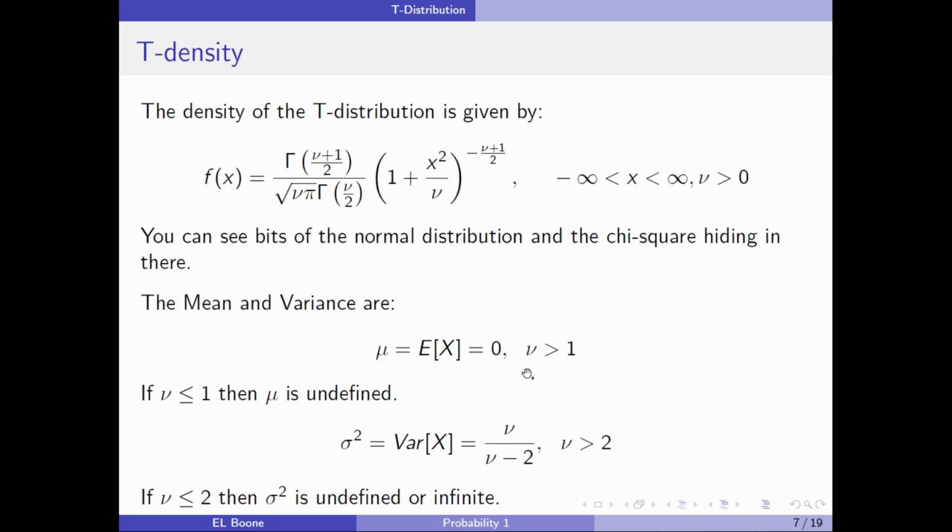The mean is 0 as long as nu is greater than 1. If it's equal to 1 or 0, then it's either infinite or undefined, so we're not going to talk about that. Here the variance is nu over nu minus 2, so nu better be greater than 2 because variances always have to be positive. So it's either undefined or infinite if it doesn't meet that criteria.